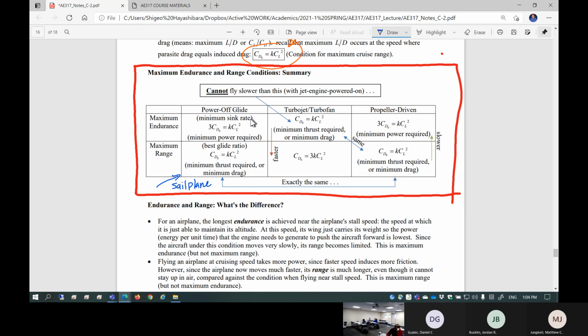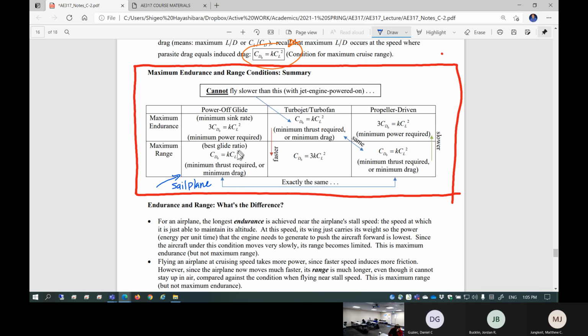The condition for that is 3 times CD0 is equal to K times CL squared. This is the minimum power required point, even though a sailplane doesn't have any powerplant. So it's kind of odd to say this is the condition for minimum power required. There's no power for the sailplane. But it is making sense now, after we talk about all of those things.